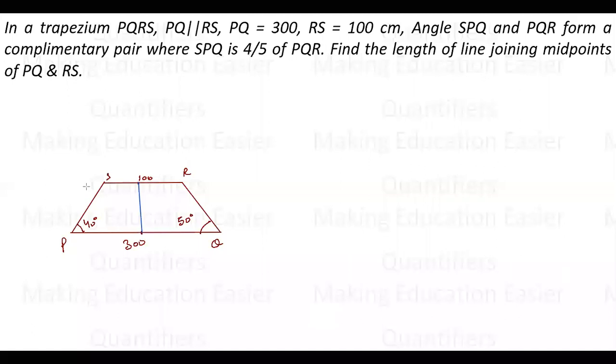Whenever we have such situations, we extend these sides so as to make a triangle, right? Let's say this and let's say this. So I have formed a triangle. Let's call this point O, this point T, this point U.